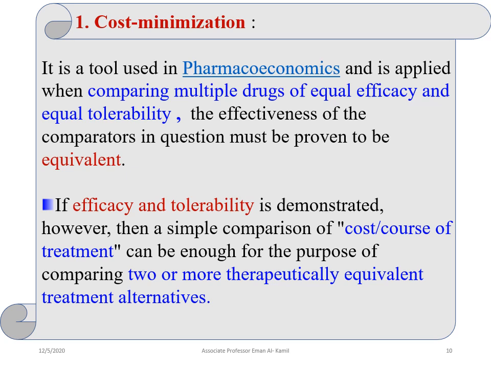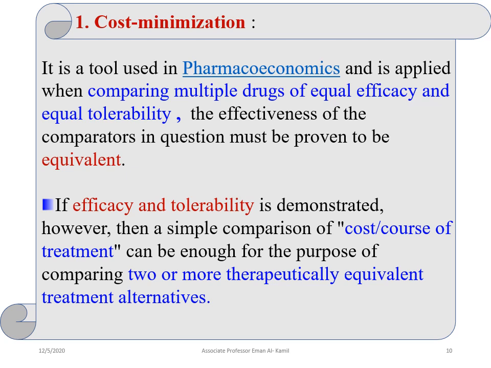In the cost minimization method, it is a tool used in pharmacoeconomics. It is used in pharmacology, in manufacturing drugs or selecting drugs. So in this method, it is applied when comparing multiple drugs of equal efficacy and equal tolerability.